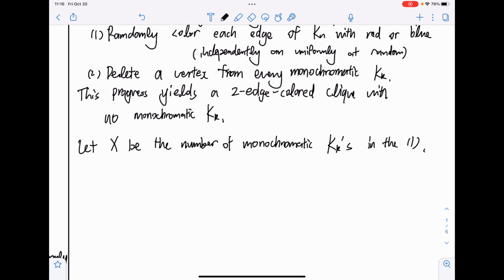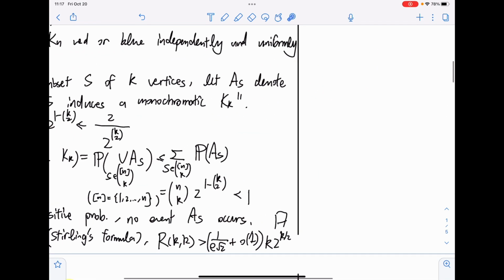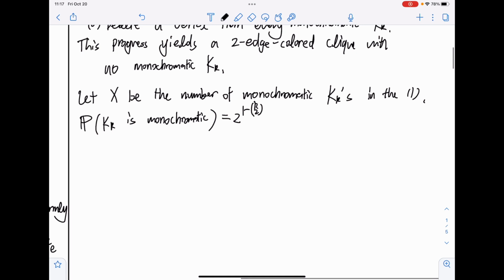And since the probability of each K_k being monochromatic is 2 to the power of 1 minus (k choose 2), by linearity of expectation, the expectation of X is (n choose k) times this probability, since we have n vertices, and each K_k is a subgraph of the complete graph on n vertices.